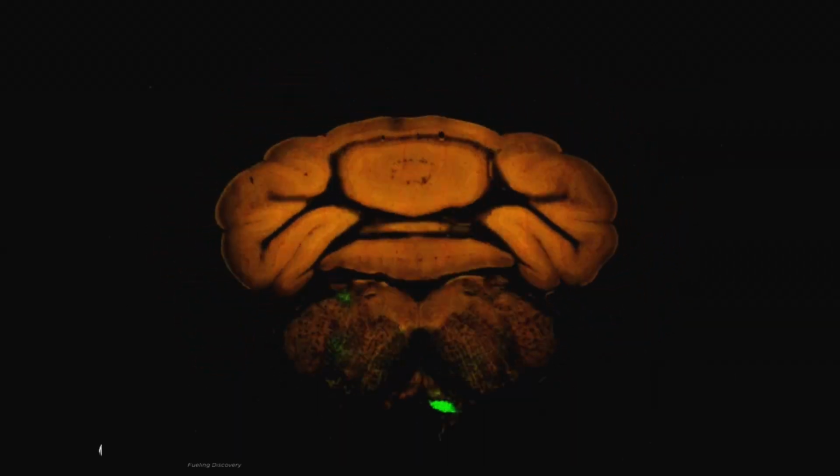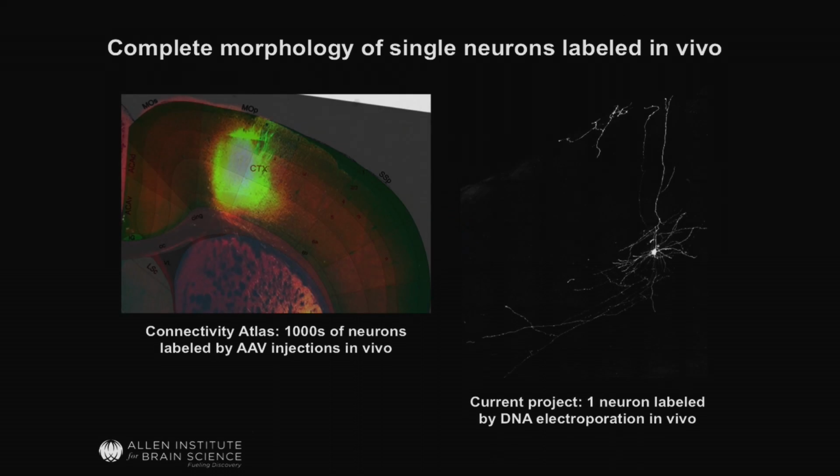at every 100 microns. So for the current project, the methods are actually quite similar, except that instead of labeling 10,000 neurons, we're obviously labeling 1 or 2 neurons using DNA electroporation in vivo, and then instead of sampling at every 100 microns, we're sampling it at less than 1 micron.